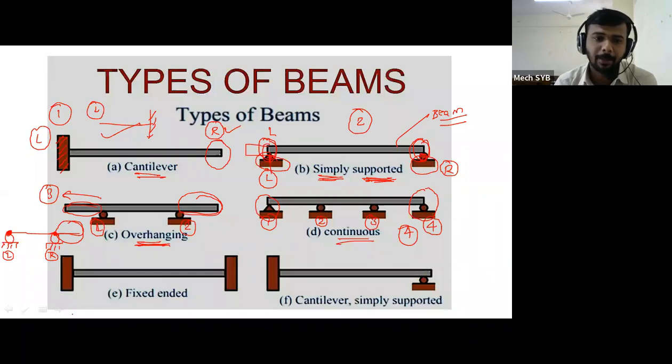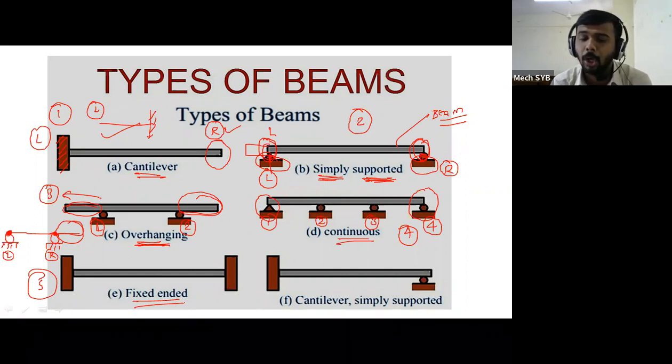Then figure number 5, name itself suggests fixed ended beam. There is a basic difference between figure number 1 and figure number 5. Figure number 1 आपली काय सांगत होती, कॅन्टिलिव्हर बीम whose one end is fixed and another end is free. मग लेफ्ट साइड फिक्स्ड असेल तर राइट साइड it will be free.